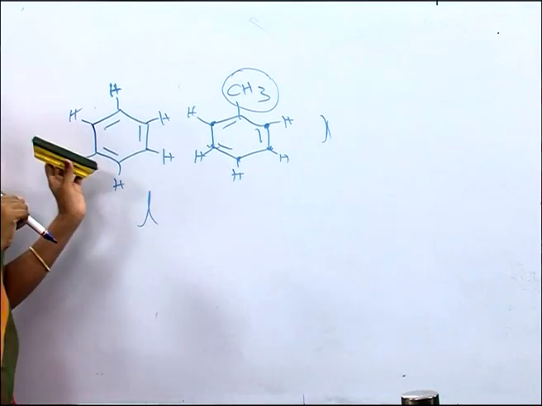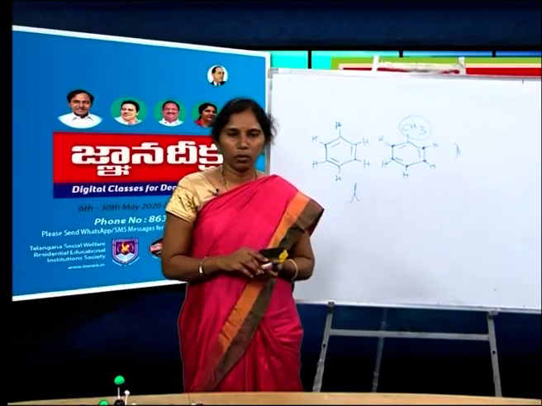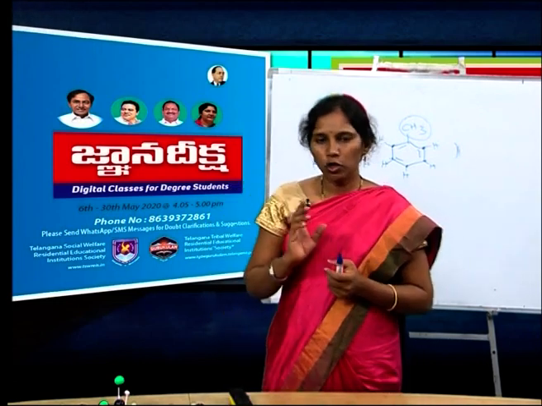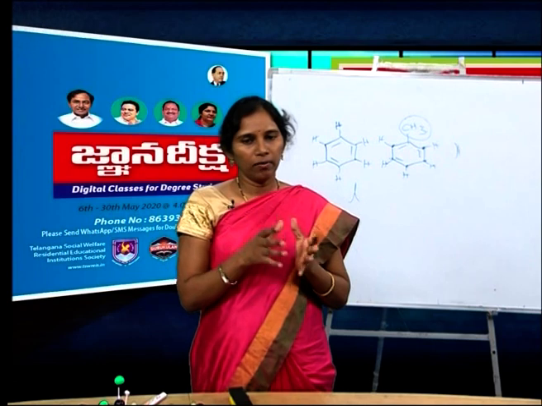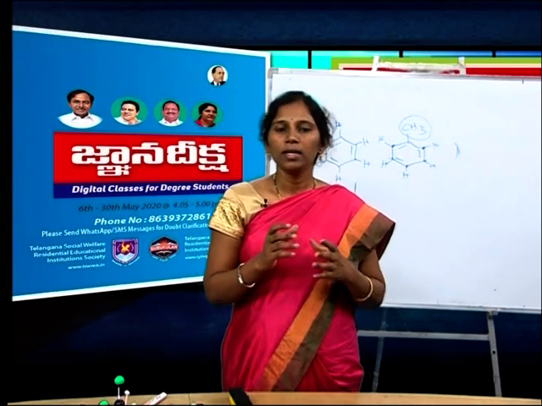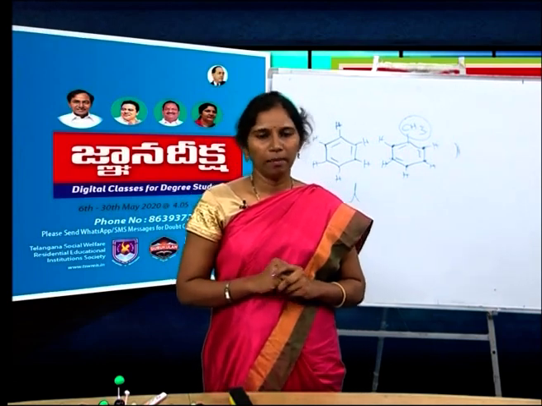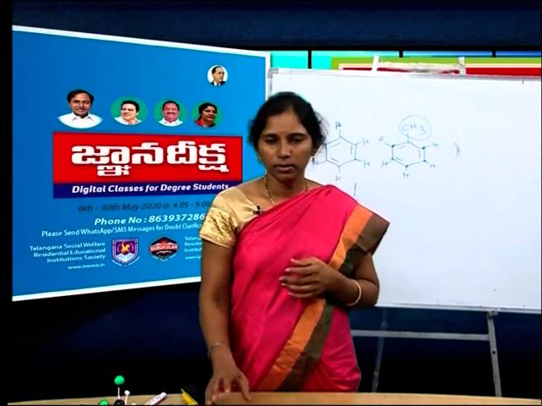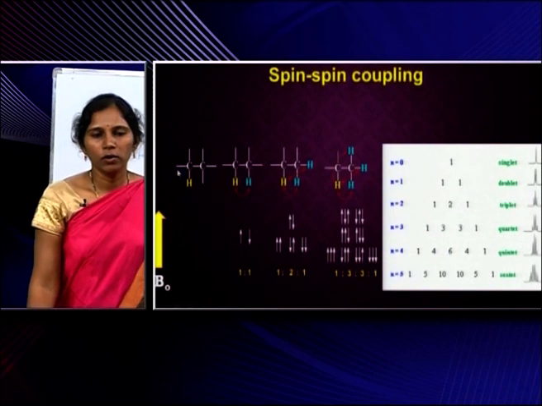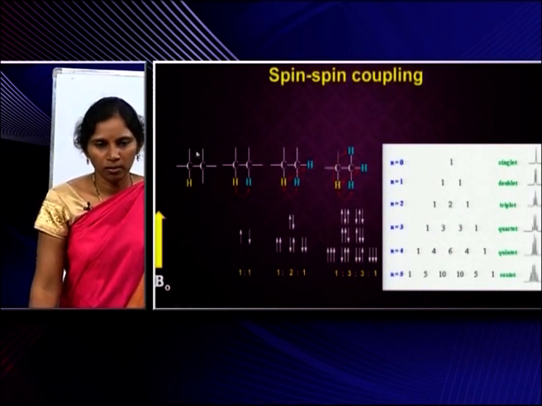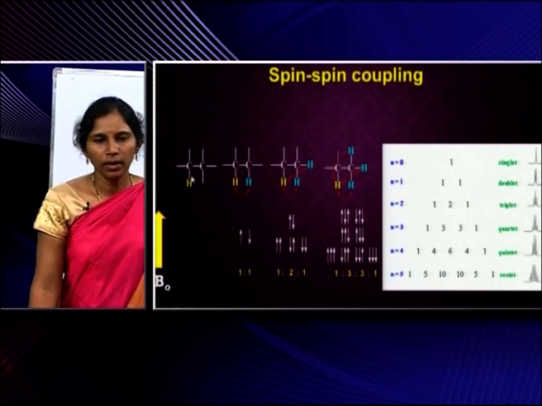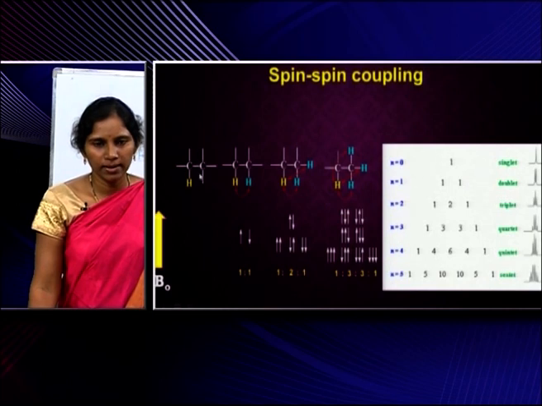Like that, non-equivalent and equivalent protons can be explained, and because of equivalent and non-equivalent protons only, spin-spin coupling occurs in the NMR spectrum. Let us see how it will be. Look at the screen, students. If you see the first compound, just a hypothetical case I have taken, it has no hydrogens on the adjacent carbon.